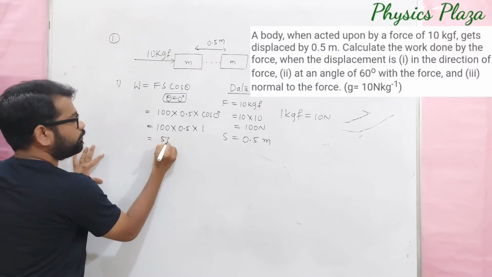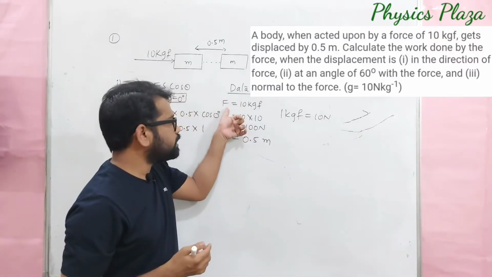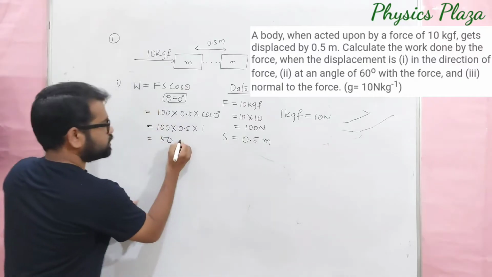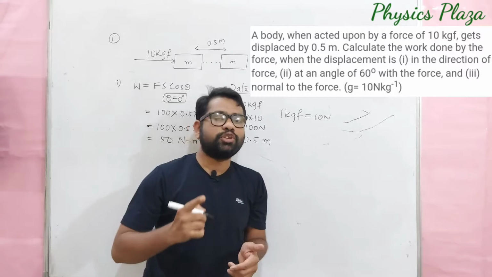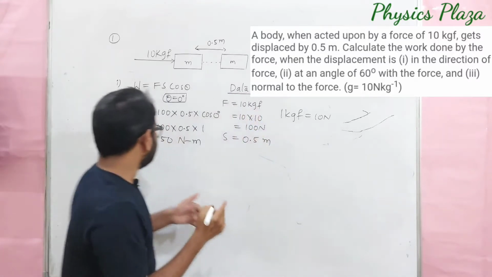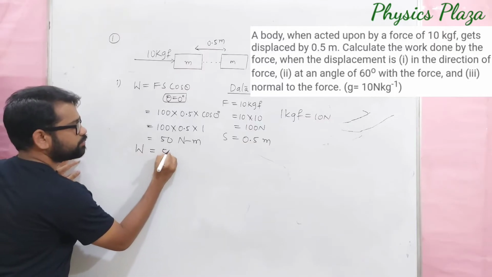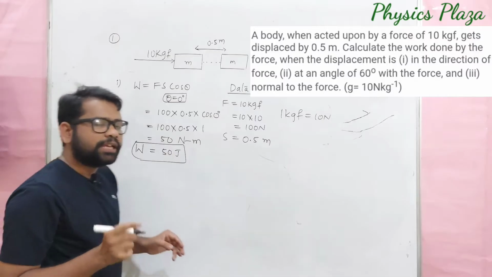It will be 50. Then what are the units? Children, look here. Force is measured in newton. Displacement is measured in meter. That is newton meter. But what is the special name given to the newton meter? It is called joule. So, children, the work done by the force is 50 joules when the body is displaced in the direction of applied force.